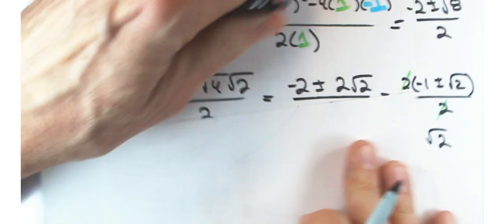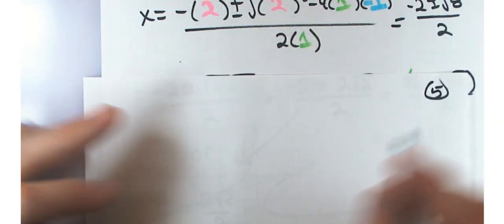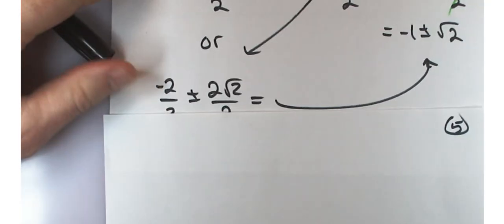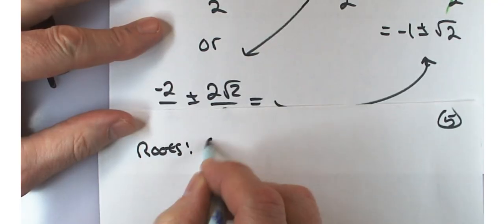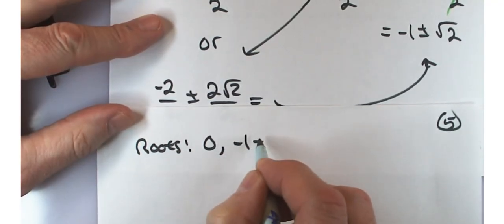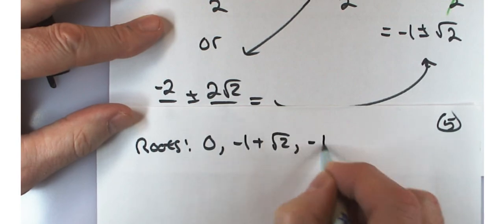So the roots are at 0, negative 1 plus the square root of 2, and negative 1 minus the square root of 2.